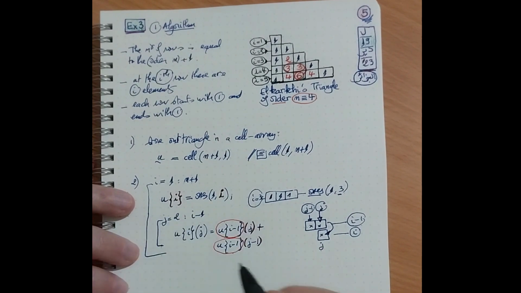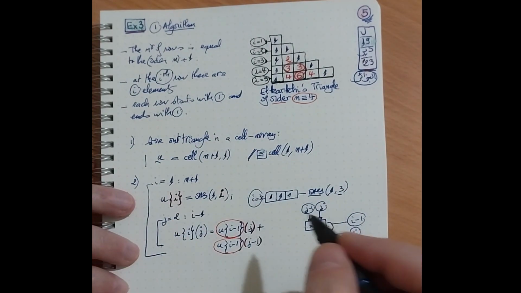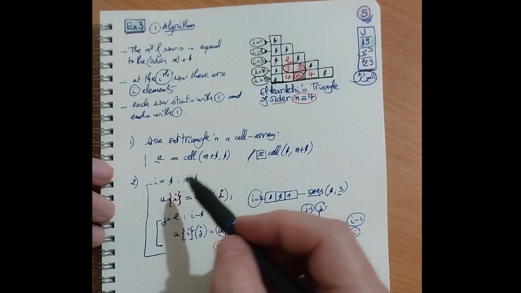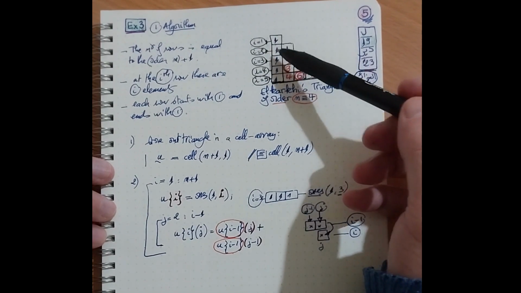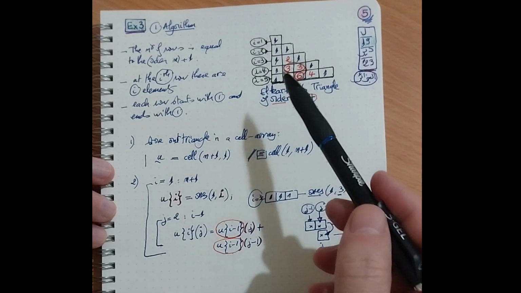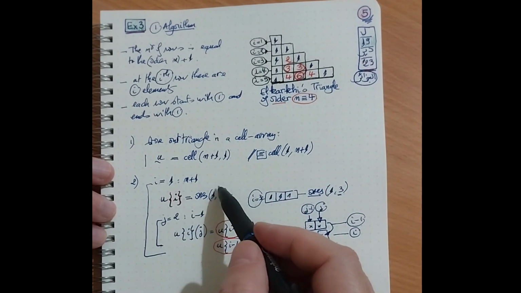We have two loops. We first store our array, and then we cross each row of the triangle using the index I, and then we set the row first using the function ones.